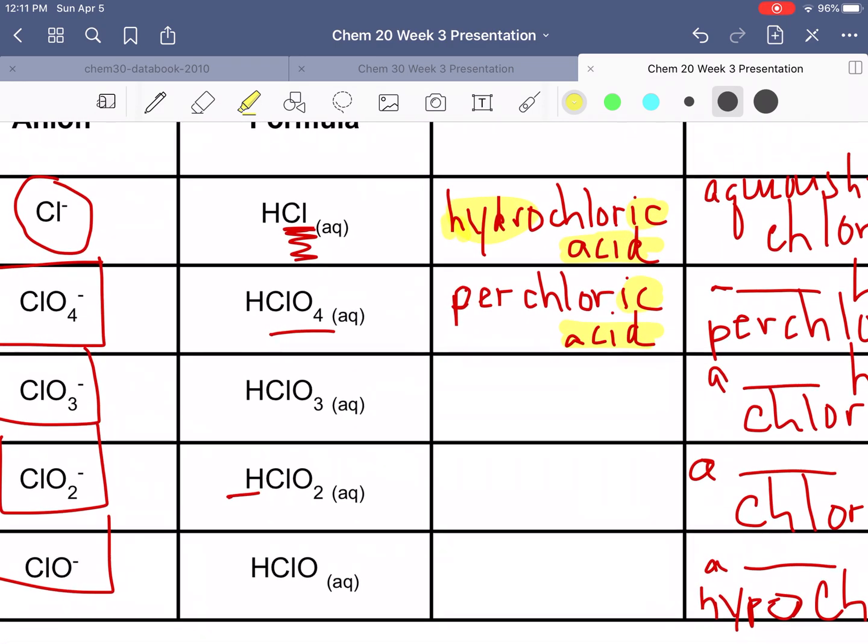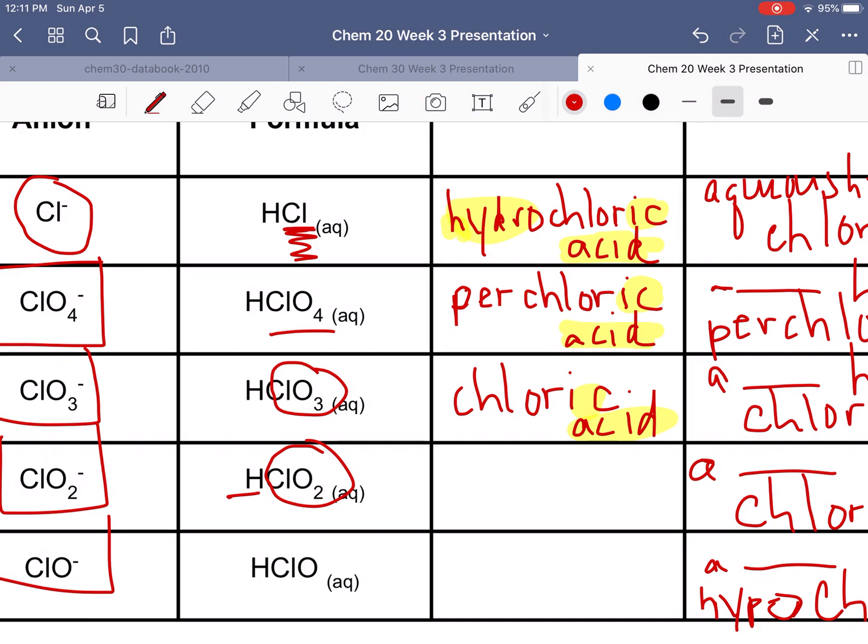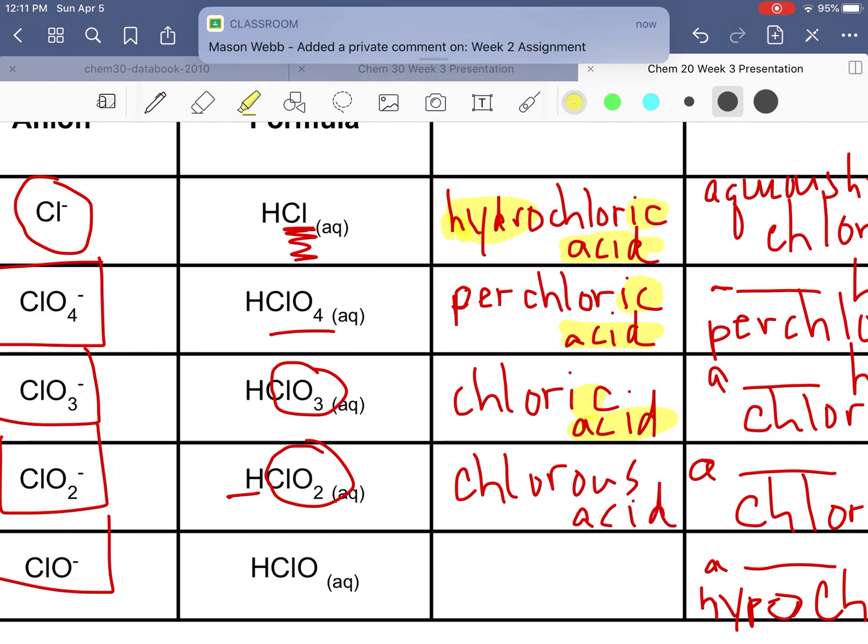Okay, look at the next one. This is chlorate. So I keep the chlor, and instead of "ate", I replace it with "ic" acid. Go to the next one. This is chlorite. So again, I keep the chlor, but instead of "ite", it's replaced with "ous". Chlorous acid.